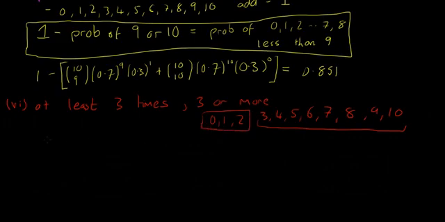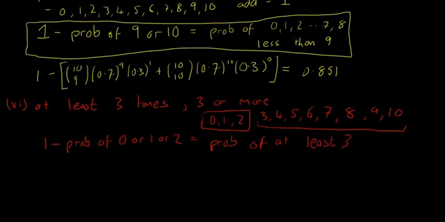So what we can do is say 1 minus the prob of, I should start with 0, of 0 or 1 or 2 will give us the probability of 3 or more. Okay, so that was 1 minus prob of 0 or 1 or 2 is equal to prob of at least 3.